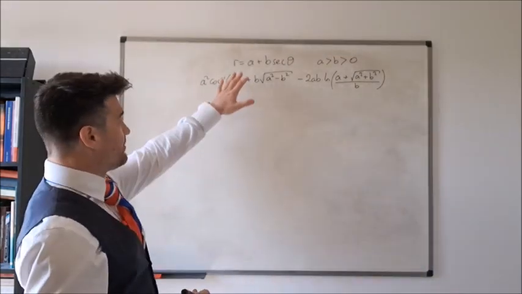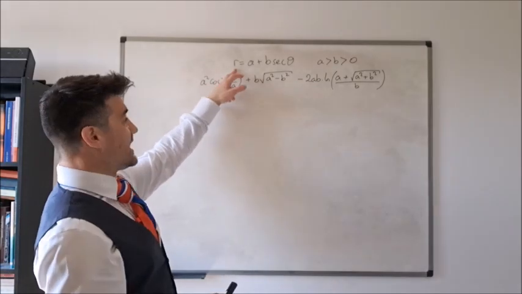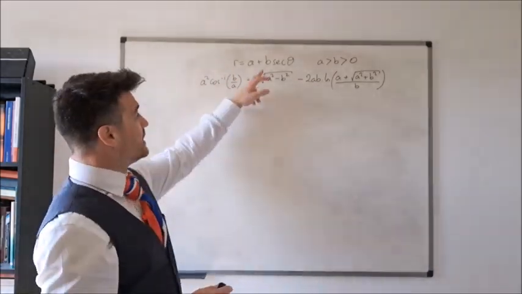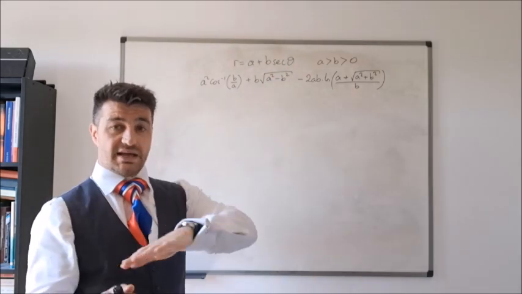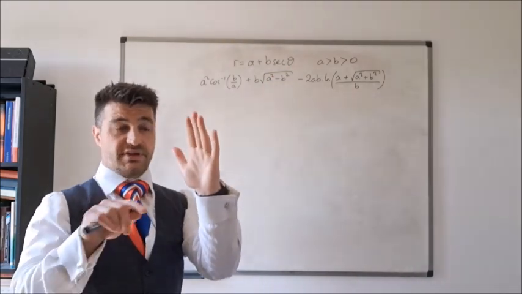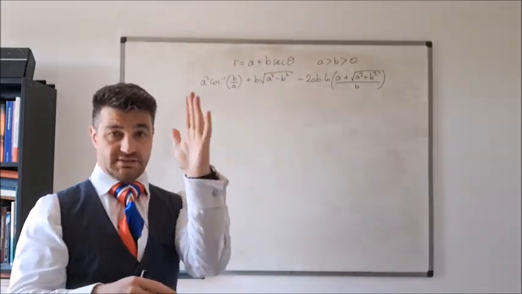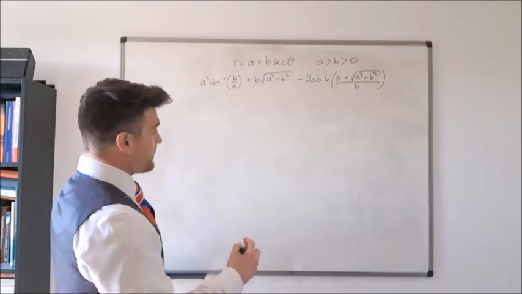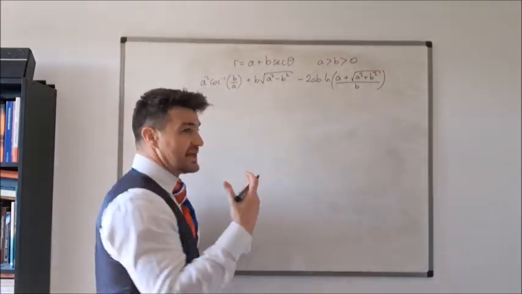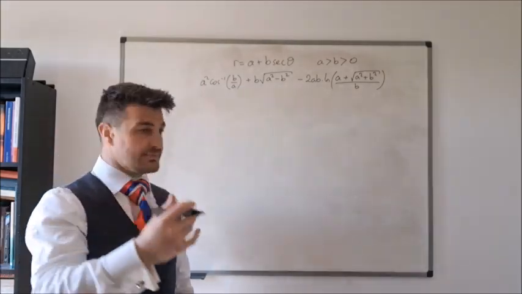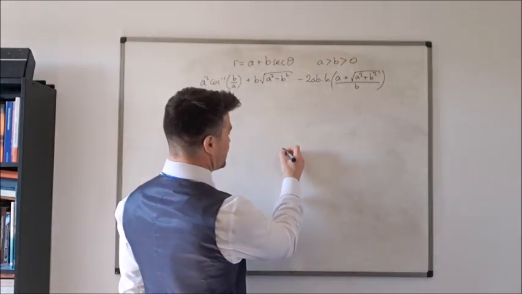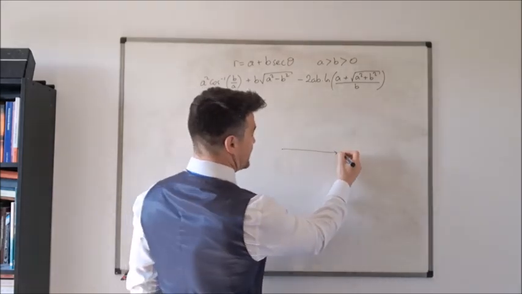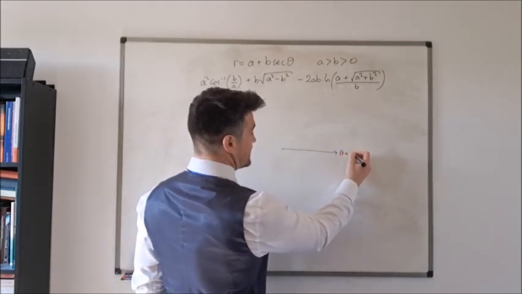So when we're dealing with polar coordinates, of course, r is the distance from the pole, and theta is the angle made with the initial line in an anti-clockwise direction. I still tend to think in terms of quadrants, even when I'm dealing with polar coordinates. We've got the initial line here, which represents theta equals 0.